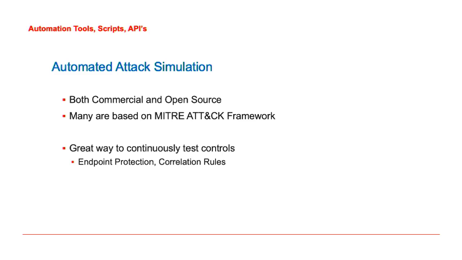You may wonder, how does this fit into automation? Well, these tools are awesome in testing your controls, and you can do it in an automated fashion, fully or partially automated. You can test your controls, like for your endpoint, to see if your endpoint is effective, and also with your SIEM and your rules, you can run the automated attacks and then figure out, did that generate an event?